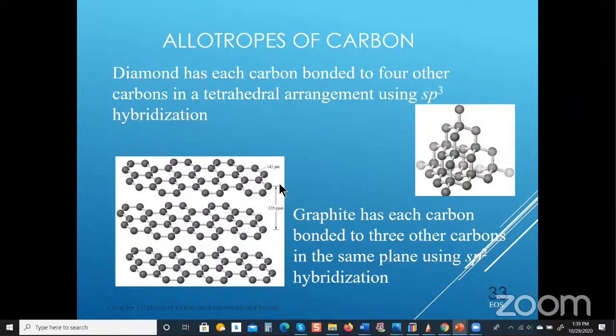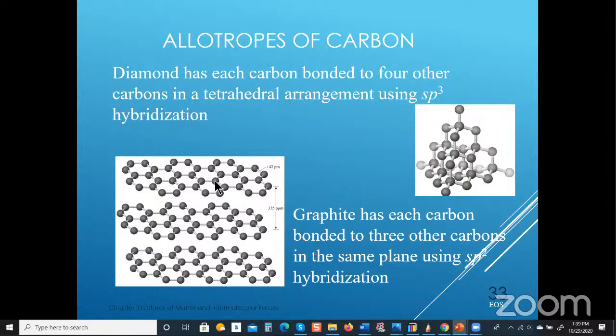And that continues on and on for the different sheets. Now, you'll notice that the geometry around each carbon here is different compared to the geometry around each carbon in the case of diamond. In the case of diamond, the geometry is tetrahedral. In the case of graphite, the arrangement is trigonal planar, right?